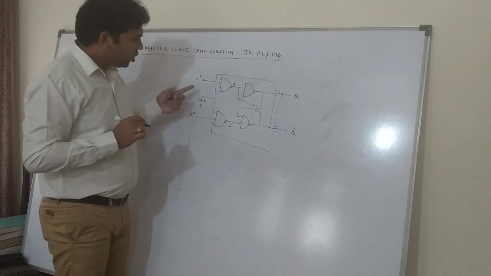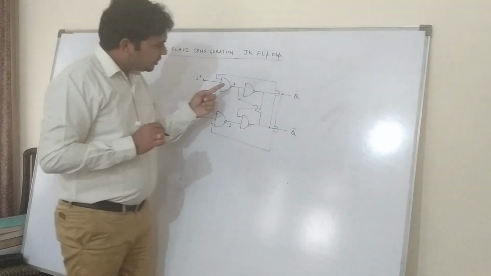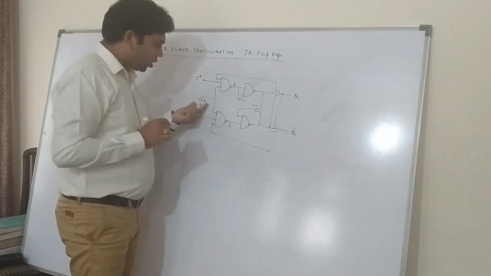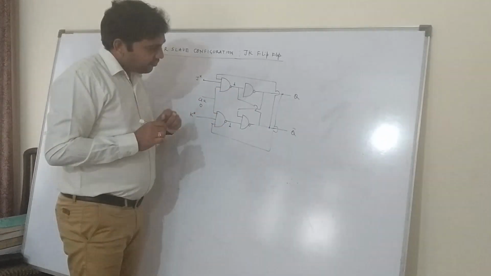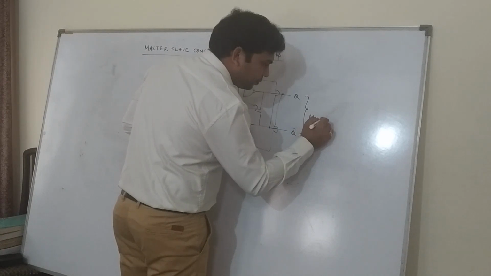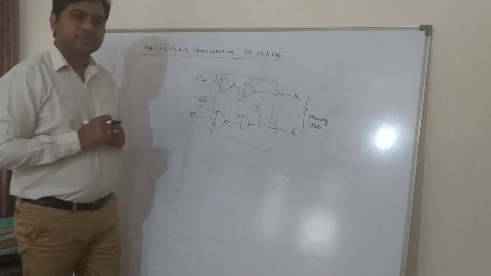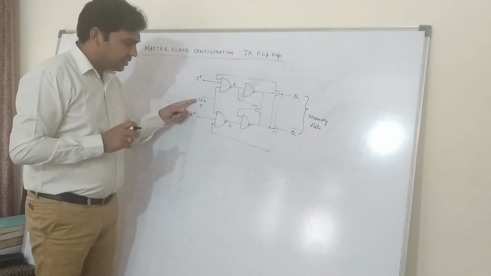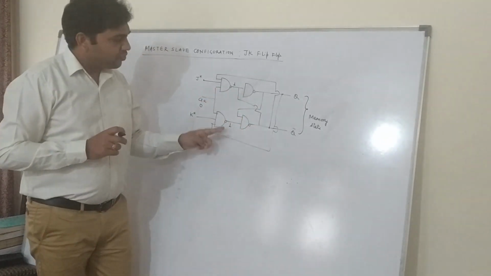So it is independent of J star, K star, independent of the feedback, since this will be 1 and 1 always, as far as the clock is 0 or enable is 0. This will always be 1 and 1, which will keep the output in a memory state. No problem. Understanding is very easy. As far as this is 0, this will be 1 1, and because we know that this is a NAND latch, in a NAND latch 1 1 is a memory state.